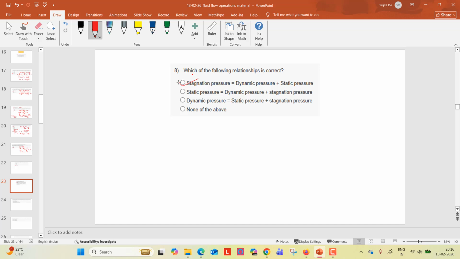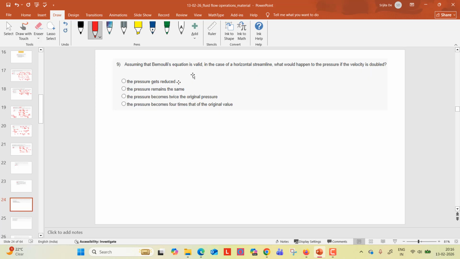Next. Assuming that Bernoulli's equation is valid in the case of a horizontal streamline, what would happen to the pressure if the velocity is doubled? So, what is the Bernoulli's equation?